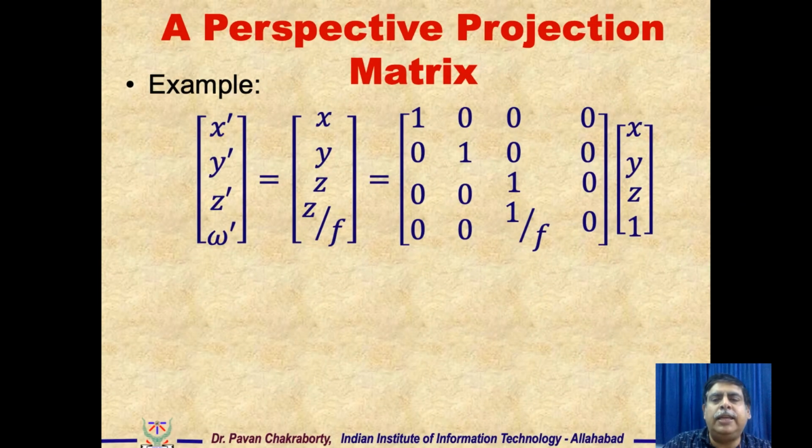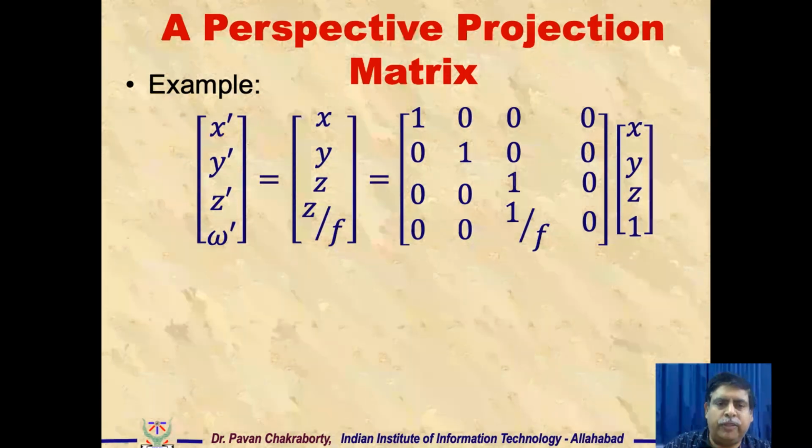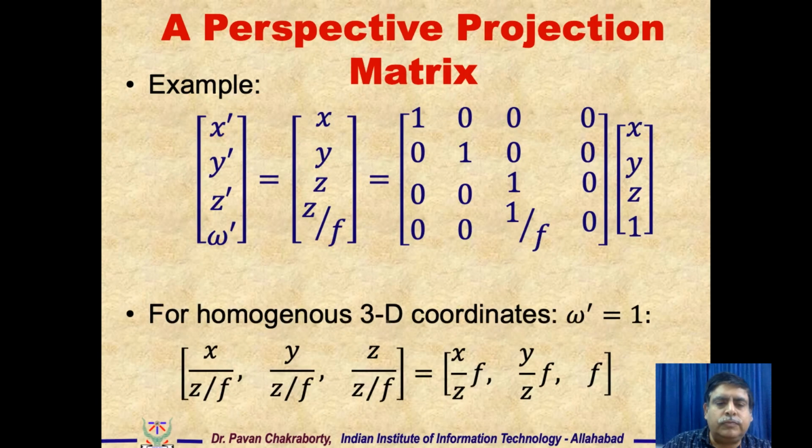So if we multiply this matrix by the x, y, z coordinate, I would get the value x, y, z, since it is an identity matrix, and the omega term is z by f. Now, for homogeneous 3D coordinates, we need omega prime to be equal to 1.